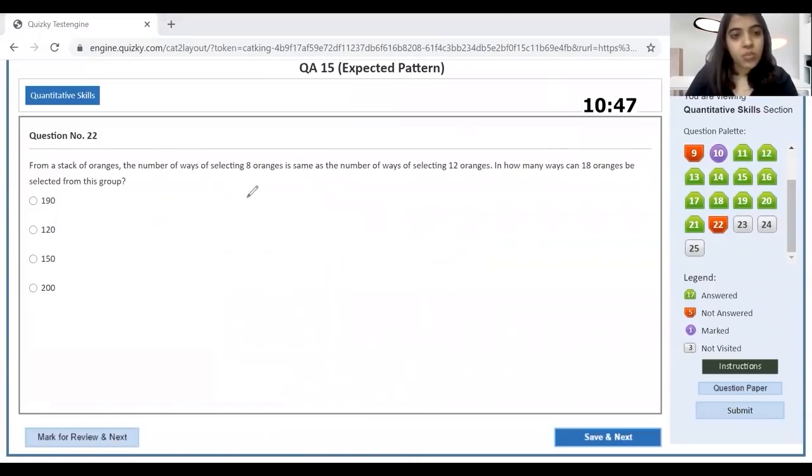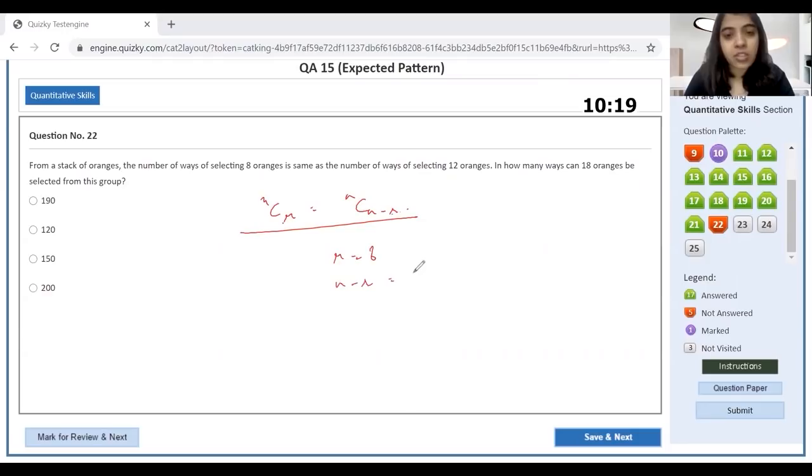From a stack of oranges, the number of ways of selecting 8 oranges is the same as the number of ways of selecting 12 oranges. Now, what does this tell us? What do we know? nCr is equal to nC(n minus r). That is the only situation in which the number of ways of selecting a certain number of things are equal. So if r is 8, n minus r is 12.